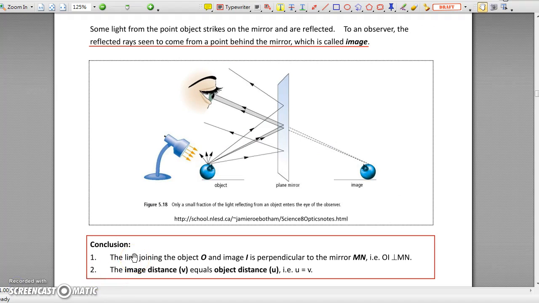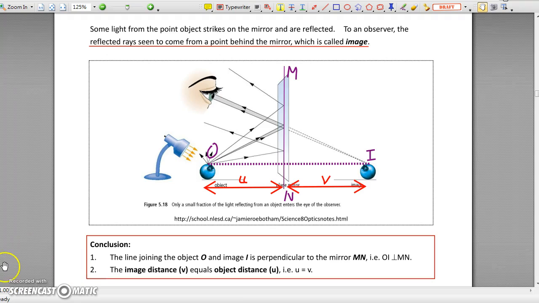The line joining the object O and the image I will be perpendicular to the mirror, which is MN, so that OI is perpendicular to MN. Second, the object distance U will be equal to the image distance V, so U equals V.